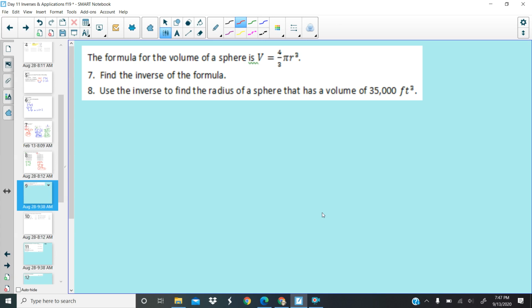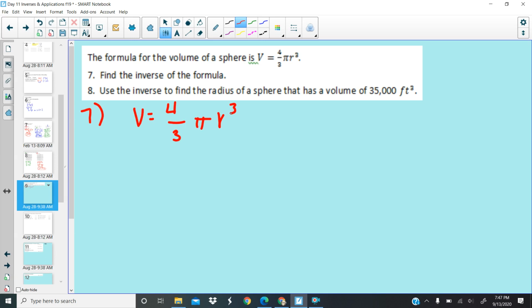So in cases like this, where it's a real world example, you can skip that first step of switching the two letters and instead just solve for the other letter. So right now we have V equals 4/3 pi r cubed.